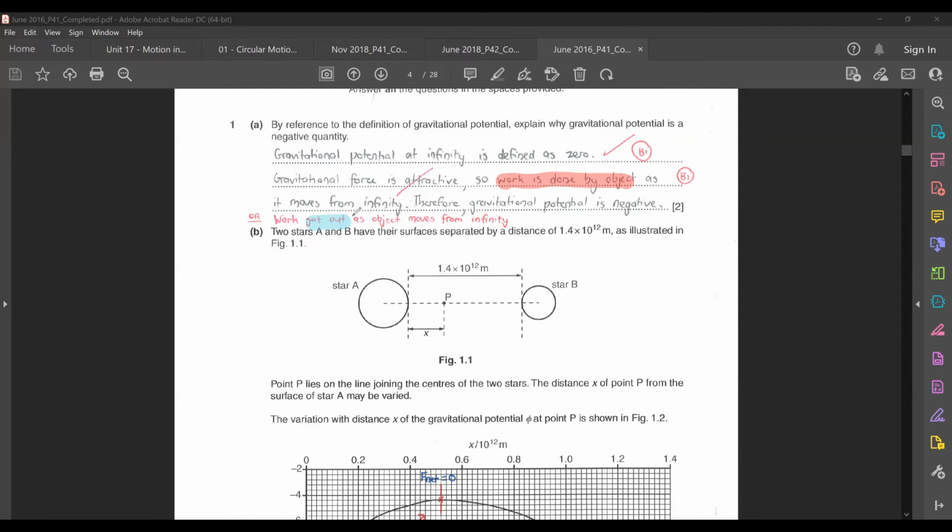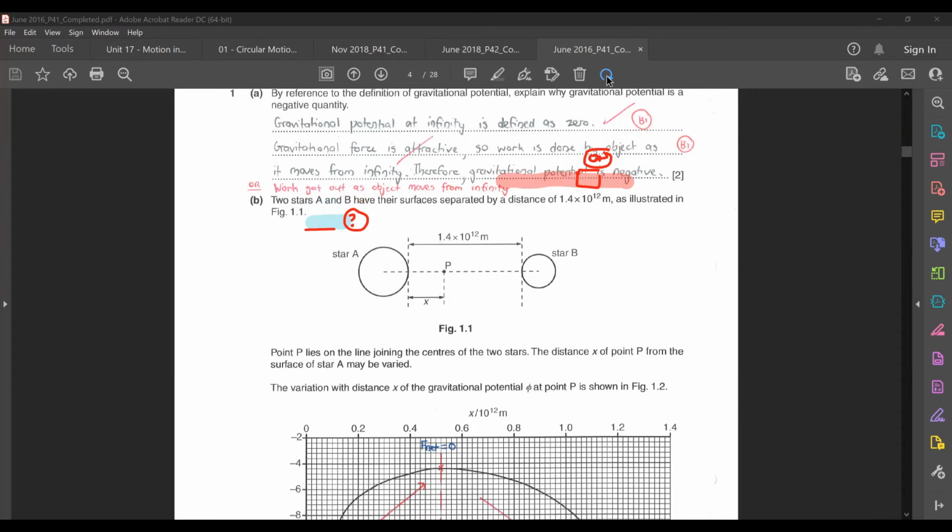What does it mean by work got out? That means that there's also work getting in, if there's getting out. I'm not too sure about this term that the marking scheme tends to use, but to avoid any confusion, you can just use work done by or work done on. This is actually a better term to use. Okay, just so you know.